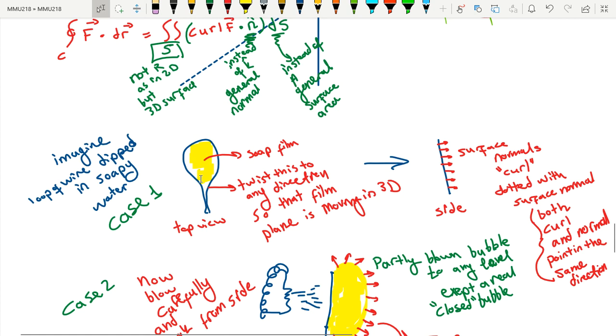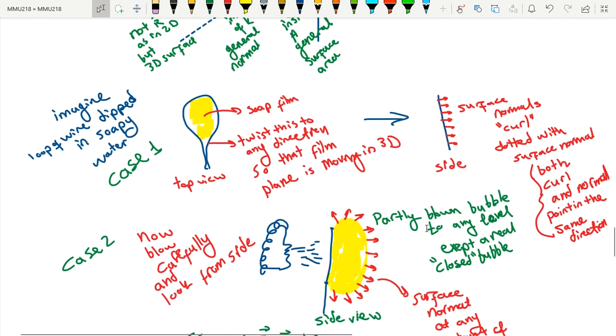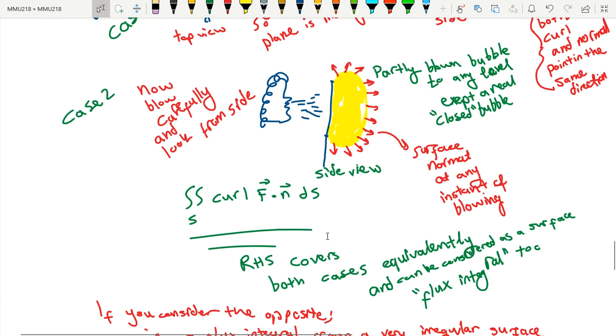So my plane is now moving in three dimensions. That's what we're interested in. And my surface normals are pointing upwards, obviously, and curl dotted with the surface normal, they point in the same direction. So I'm interested in a number here, not a vector.